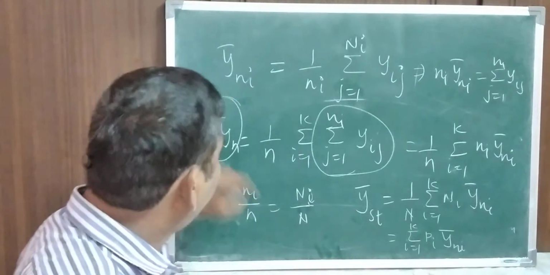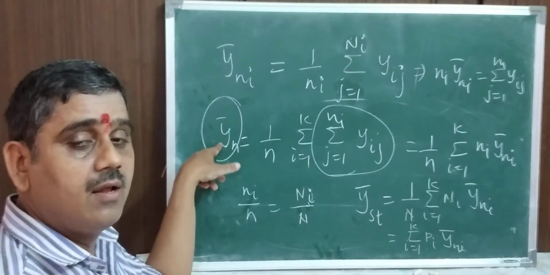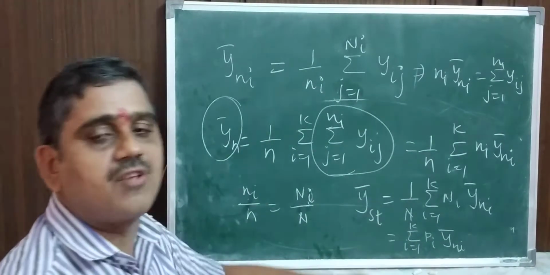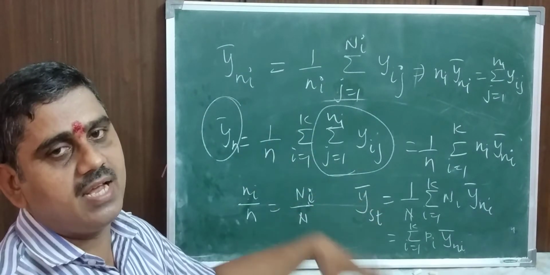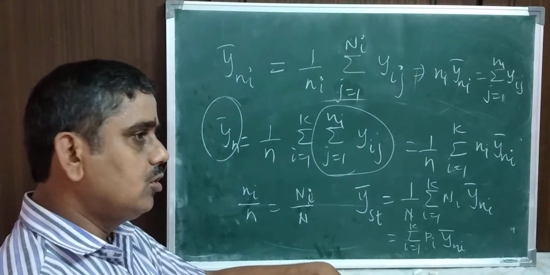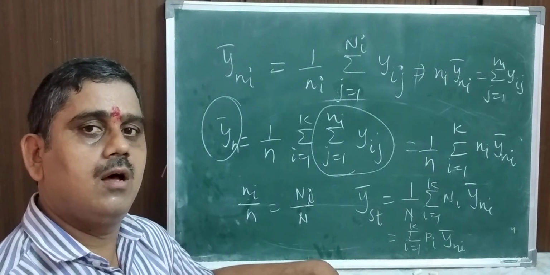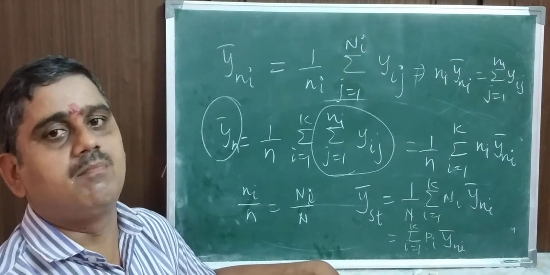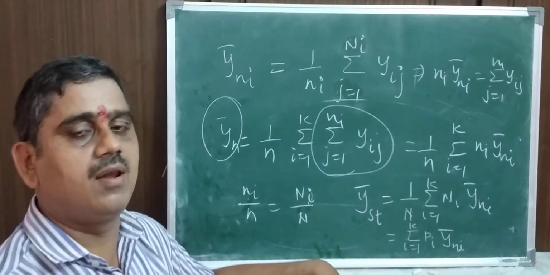So these two are known as stratified random sample means. There will be one particular stratified random sample in connection with many simple random samples, which constitute a stratified random sample.